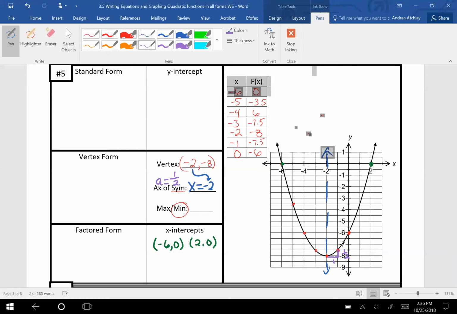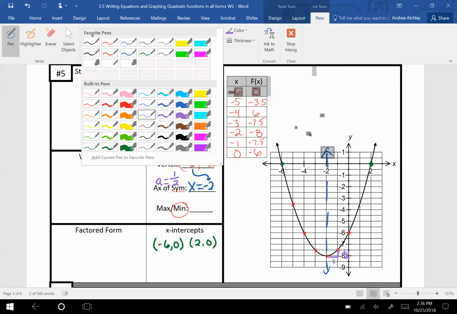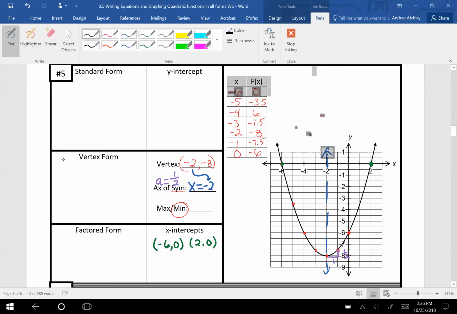So then I can go to my vertex form. And again, remember vertex form is a times the quantity of x minus h squared plus k. That your vertex is h and k, and the a value is the a value.